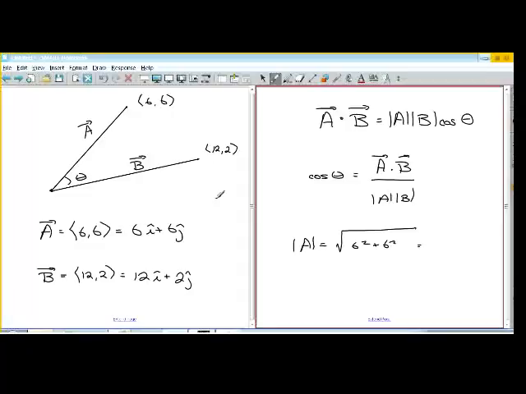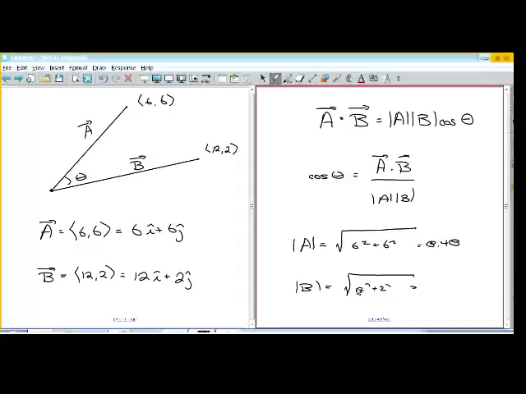So the magnitude of vector A is just equal to the square root of 6 squared plus 6 squared, using the Pythagorean theorem. So let me get my calculator out. Must have it somewhere here. Maybe it's in my other bag. Oh, here it is.